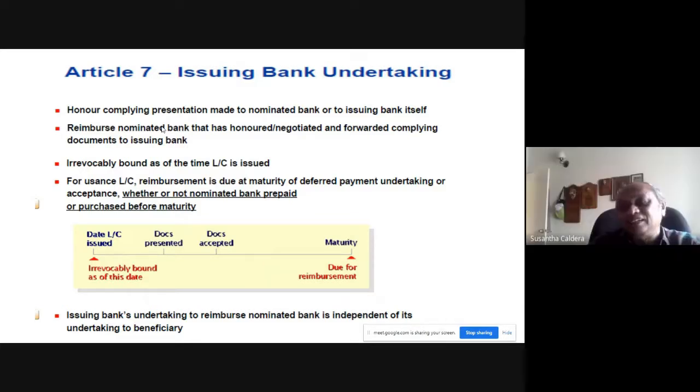You have done it with a few banks, but as of today, I don't know of any bank doing so, given the constraints of the foreign exchange market and the scarcity. All these issuing banks have obligations to pay the due bills.